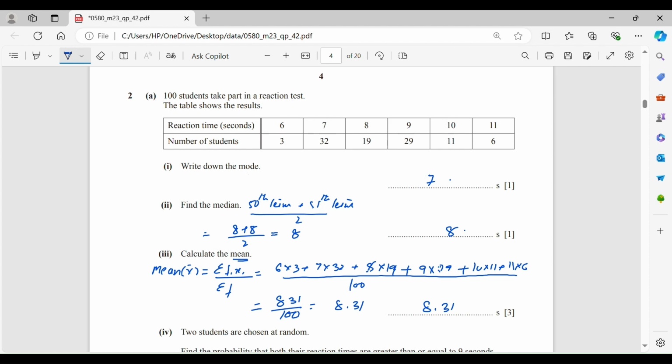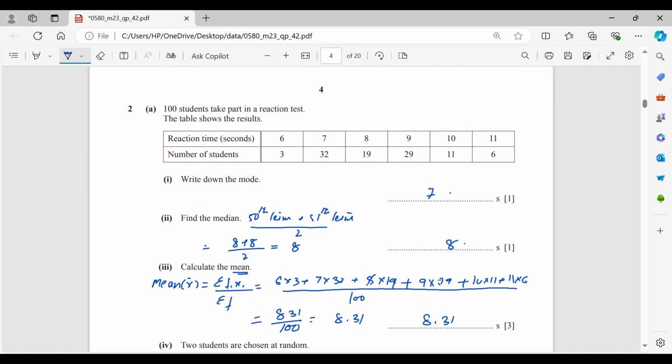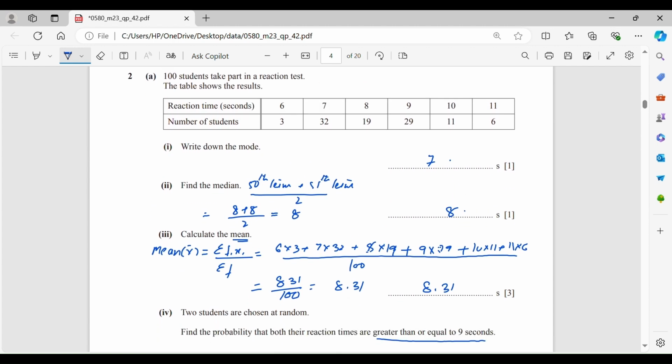Next is the fourth part. 2 students are chosen at random. Find the probability that both their reaction times are greater than or equal to 9 seconds. So let's find the number of students whose reaction times are 9 seconds or more. So they will be in this category, right? So the number of students will be 29 plus 11 plus 6, 46.